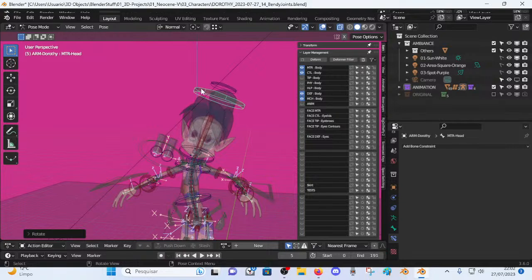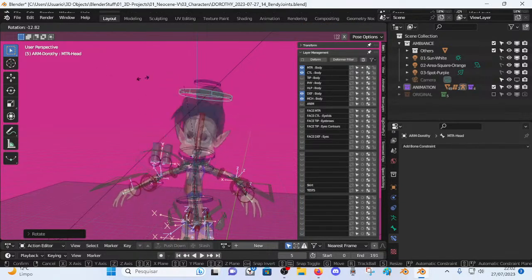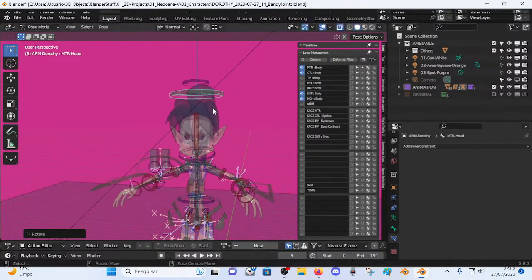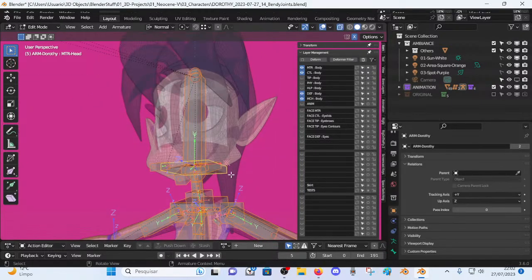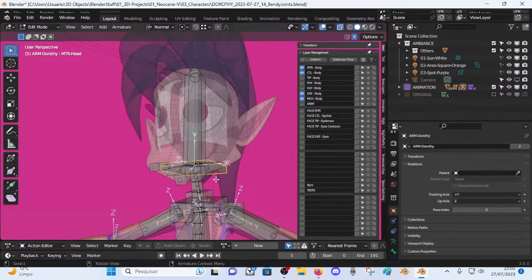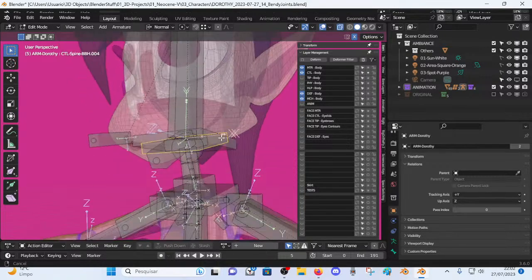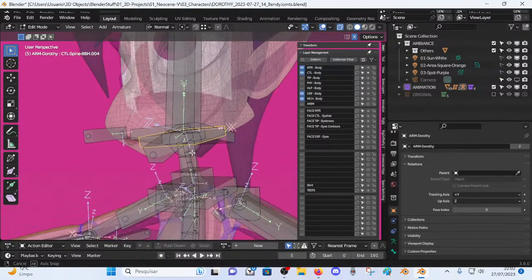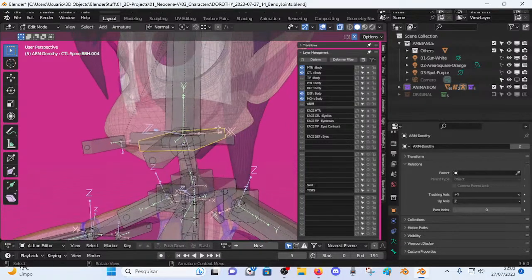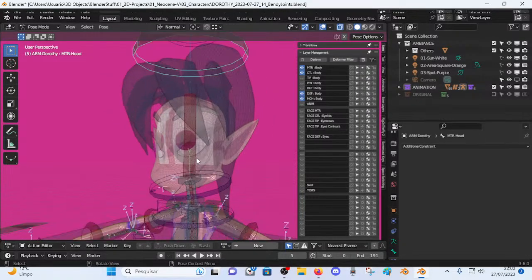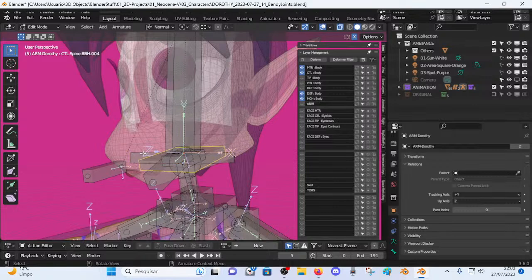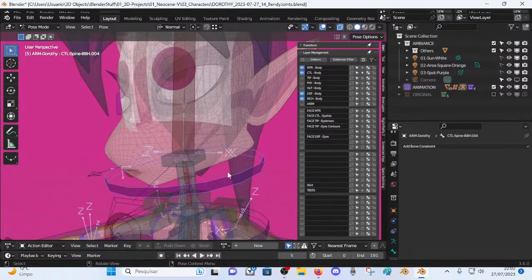It's like the fake IK head. So this, the last handle, the mini handle, ends up being parented directly to that bone. However, that bone has no bone constraints.